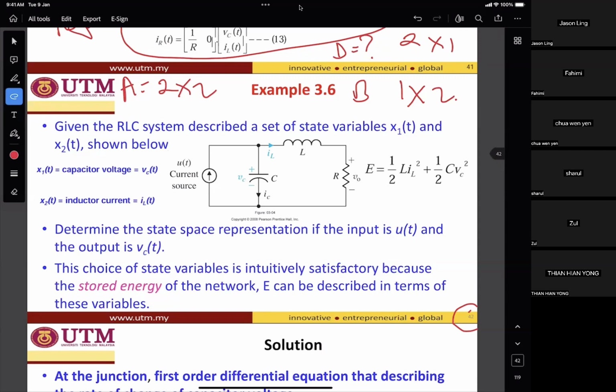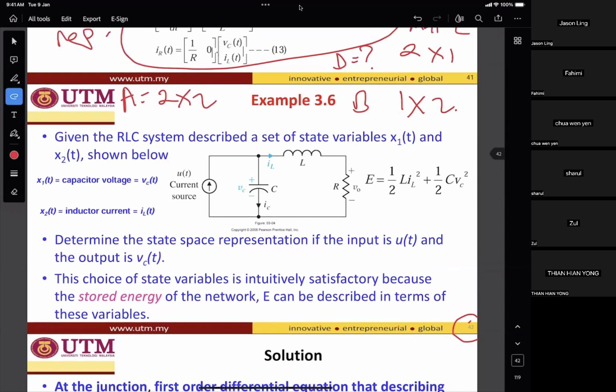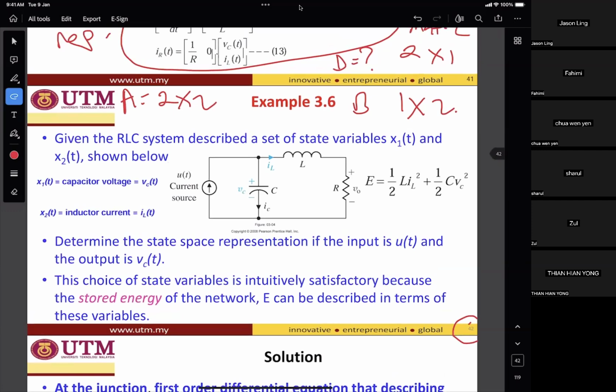So you can see from this problem, we have two loops. One is L1, one is L2. And we have one node over here.